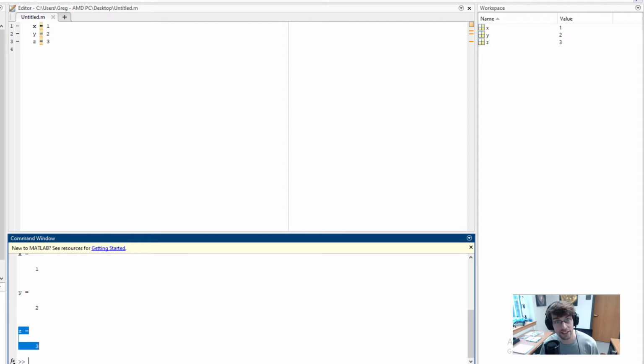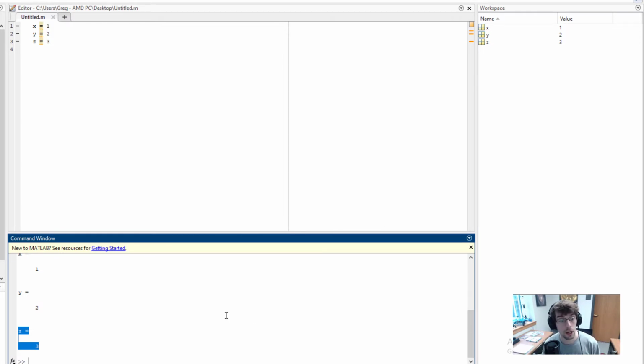In addition to that, once those variables have been created and stored, I'll look over here on the right-hand side and we have what's called the workspace window. It's telling you what variables are and what their values are. Now we can extend it to larger ideas, but we'll leave it there for right now.